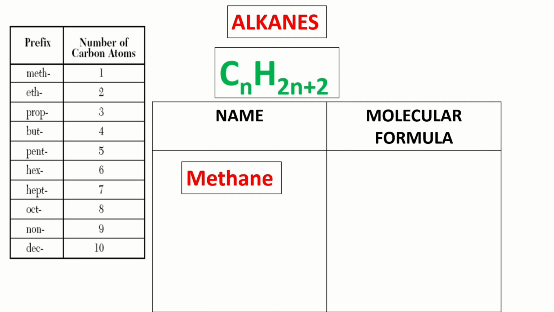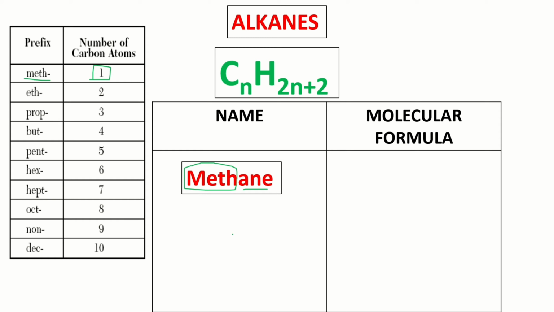Let's have our first example, methane. You can see we have here the prefix meth. Therefore, we have only 1 carbon atom. And it ends with -ane, so therefore it is an alkane.